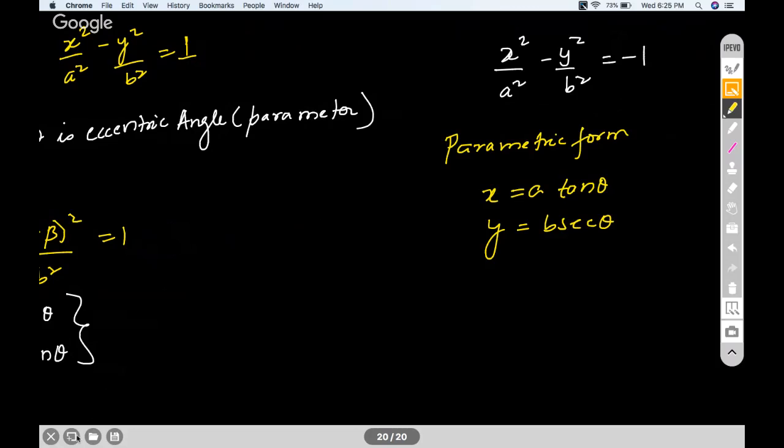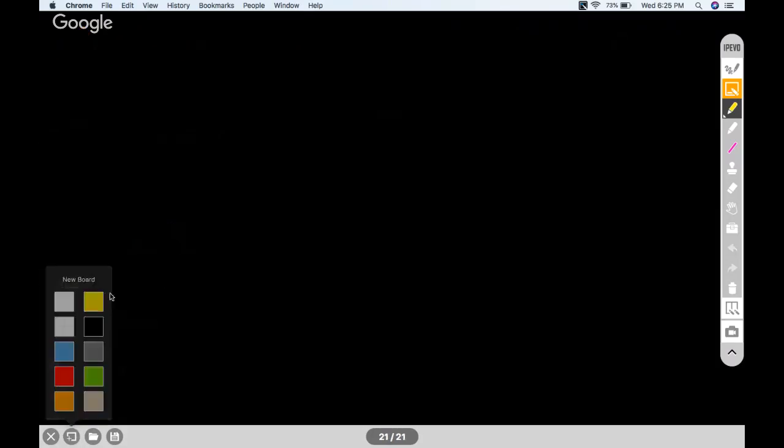Now guys, various types of parametric forms are also possible. These are the most commonly used ones. So I'm not saying this is the only way to represent the parametric equation for a hyperbola. Let us take some questions to appreciate other forms that can also be possible. For example, let's take this as a question.